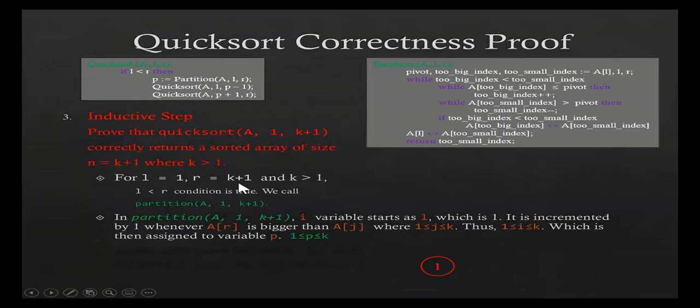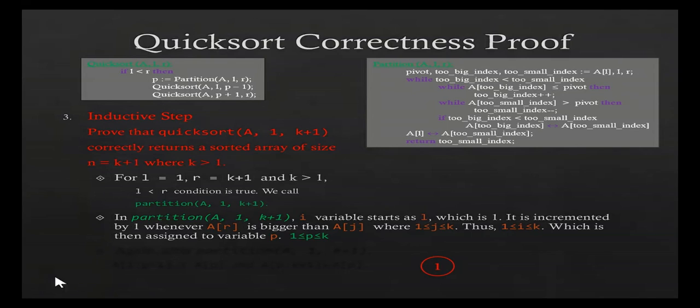In our case, R equals k plus 1, and we know that k is greater than 1, it might be 2, 3, 4, 5, whatever. So if it is greater than 1, the condition is true, so it will perform the partition. And after the partition, it returns the partition position, that means the exact position of the pivot value.